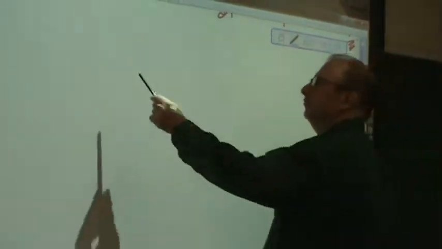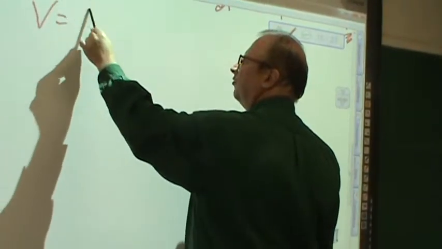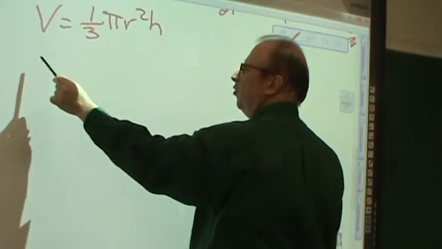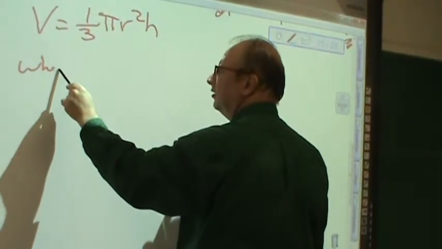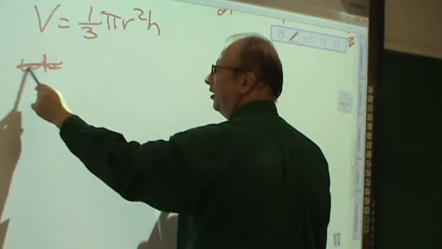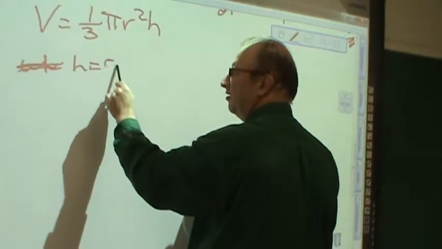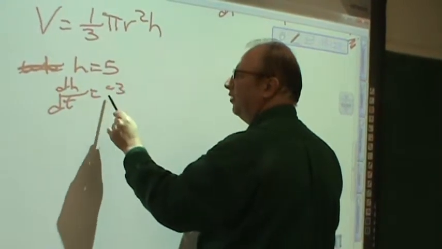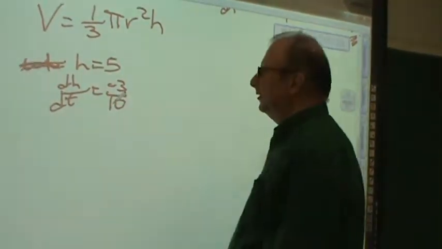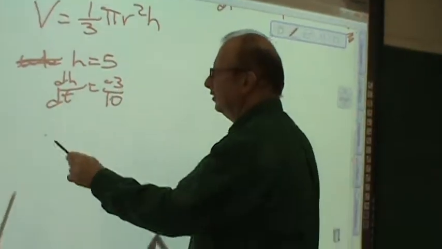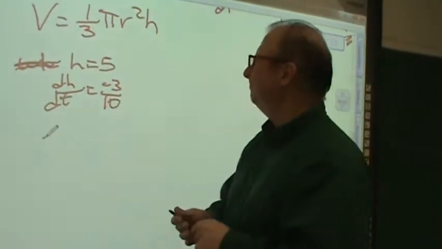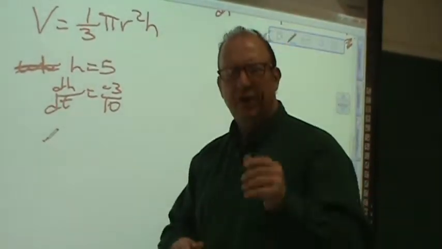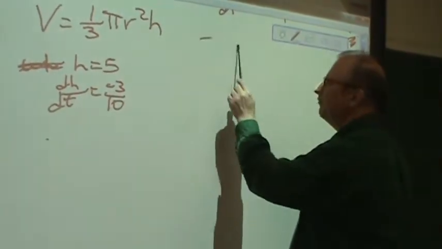Let's see what we know. V equals 1/3 pi r squared h. We know h is equal to 5. In this case, we know dH/dt is equal to -3 over 10. But wait a second. I have a little bit of a dilemma here. I don't know anything about R, but let's look at what we have.